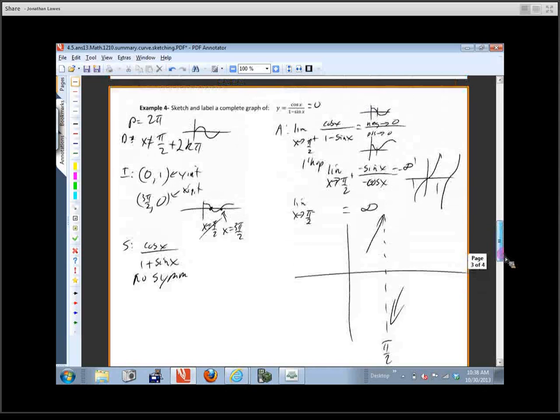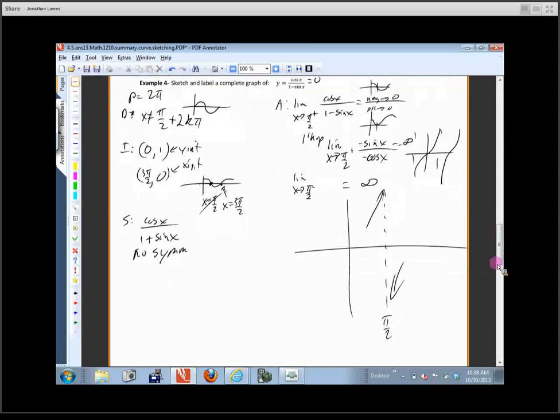Now let's figure out intervals at least of increase and decrease. So I want to find the first derivative. I've got the bottom, 1 minus the sine of x, times the derivative of the top, negative sine of x, minus the top, cosine of x, times the derivative of the bottom, negative cosine x, all over the bottom squared.